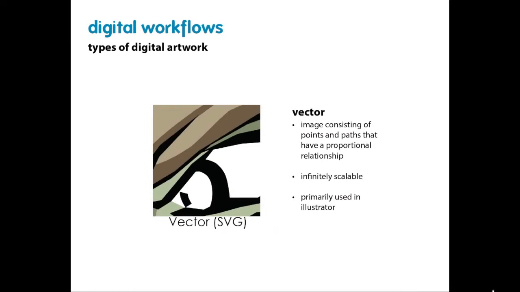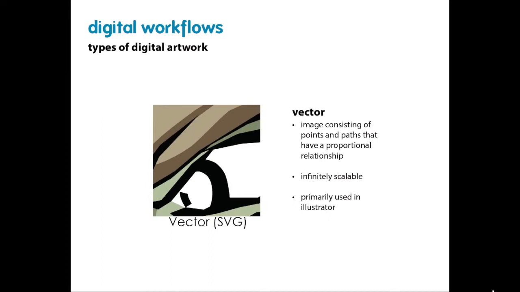So here we have an example of a vector, and you can see it's all smooth edges with fills. There are no jagged edges or a sawtooth look at any of the divisions between colors. That's because vectors consist of points and paths that have a proportional relationship.